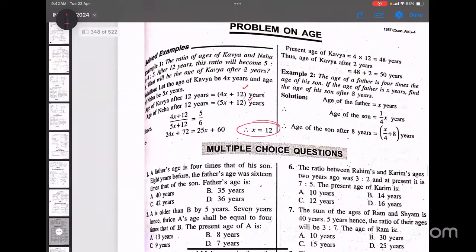And the question is, what will be the age of Kavya after 2 years? If x is 12, what is the age of Kavya right now? It is 4x, so right now it will be 12 into 4, 48. After 2 years, this will be 48 plus 2, that is 50 years. Understood? Yes, sir.